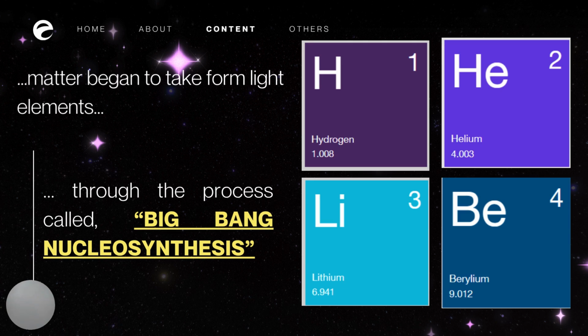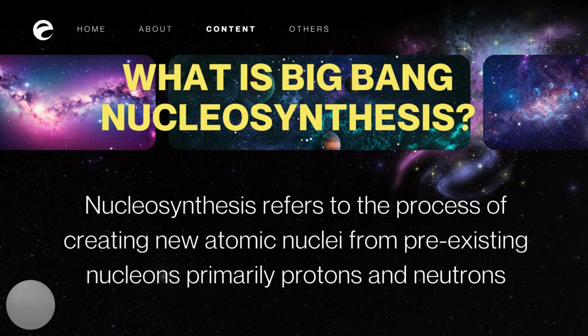And it is through the process called Big Bang nucleosynthesis. Okay, na-form ang light elements, si hydrogen, helium, lithium, ug beryllium, through the process of Big Bang nucleosynthesis. So unsa ang Big Bang nucleosynthesis? Theory man ni ang nucleosynthesis.